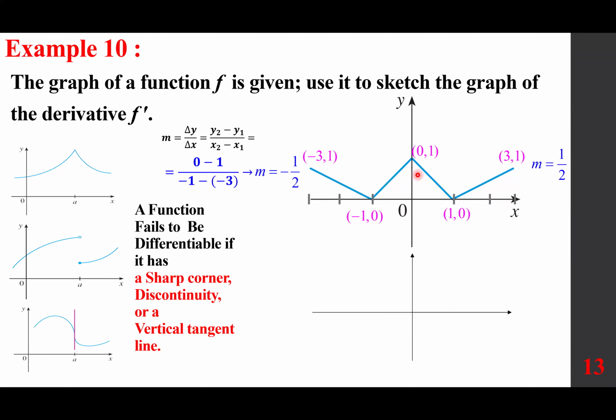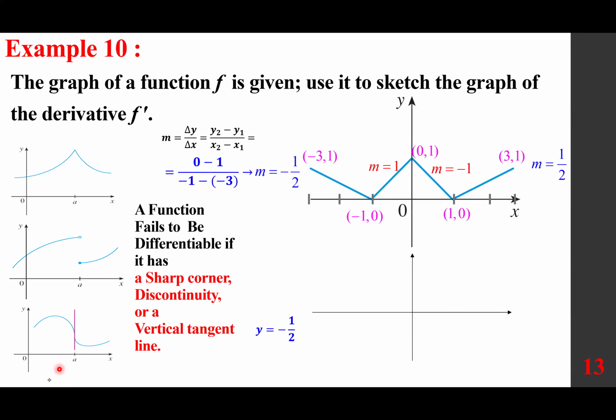This one we can calculate and we get m equals 1, and this one we get m equals negative 1. So for the sake of argument, this one, if it was a line and it continued indefinitely, it would correspond to y equals negative 1/2. Okay, so in other words, let's say this was a line, another line segment, y equals minus 1/2 would be the answer, and we would be done.